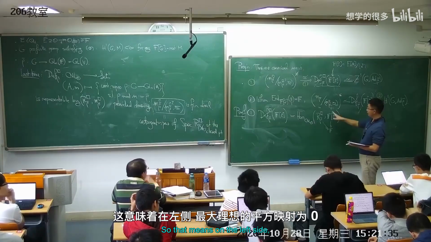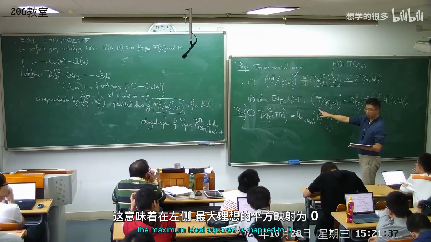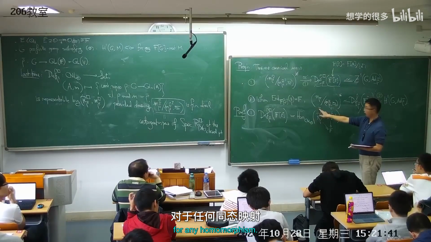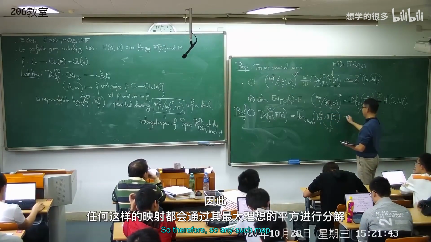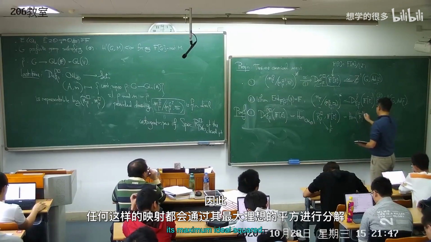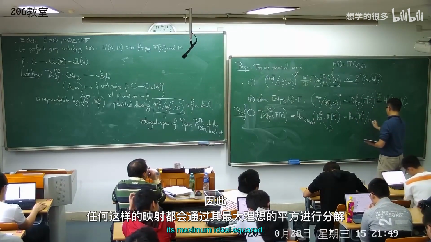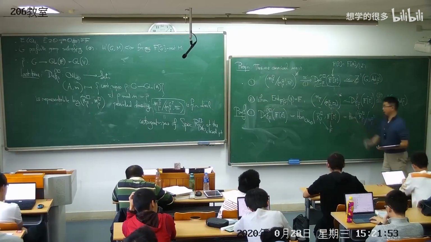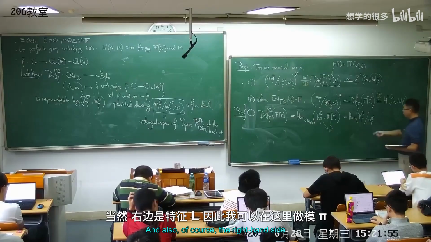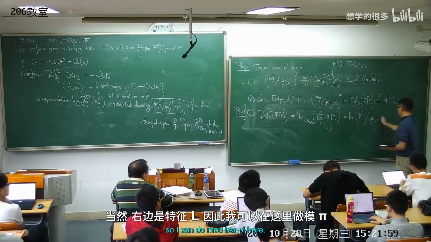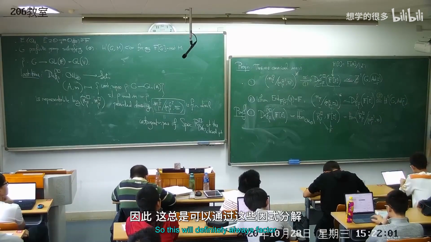So on the left-hand side, the maximal ideal squared is mapped to 0 for any homomorphism. Therefore any such map will factor through its maximal ideal squared, because the maximal ideal squared is mapped to epsilon. Also, the right-hand side is in characteristic p, so I can mod out by p here. So this will always factor through these.